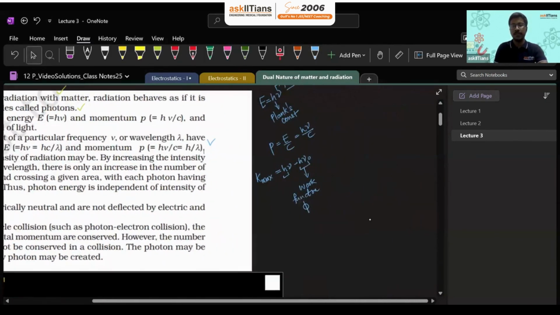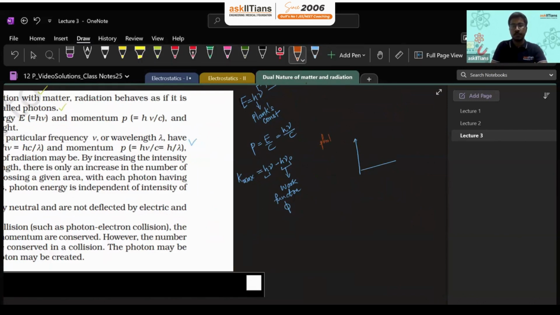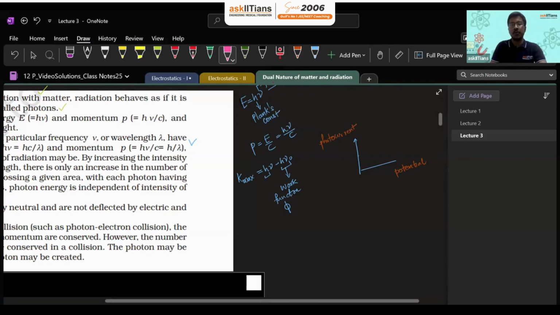If you recall the graph, if you draw photo current versus collector plate potential, you saw that for a certain intensity of light, after a certain level the photo current will become steady, right?